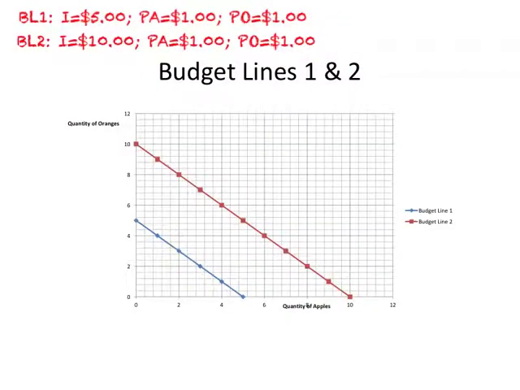In this diagram, we draw both budget lines 1 and 2 so that we can compare consumption choices available to John under BL2 relative to BL1, where BL1 and BL2 are budget lines 1 and 2. And so this blue line is budget line 1.